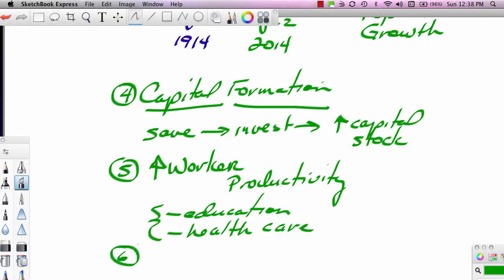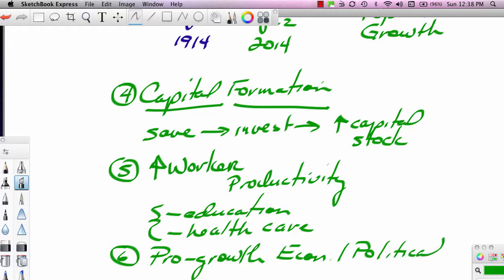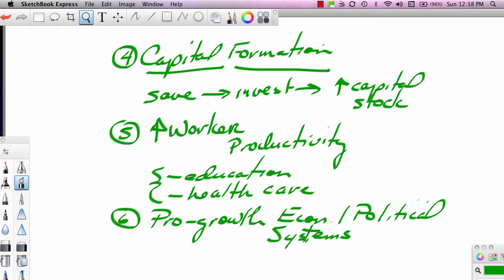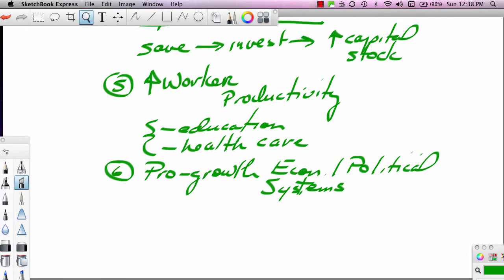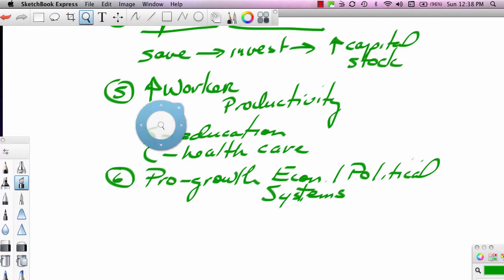And then number 6, the last factor here will be what I call pro-growth economic/political systems. Systems that encourage growth, political systems and economic systems that encourage growth will get more growth.